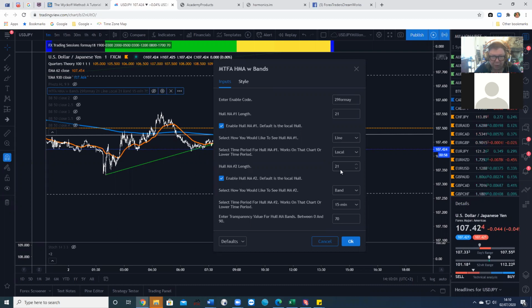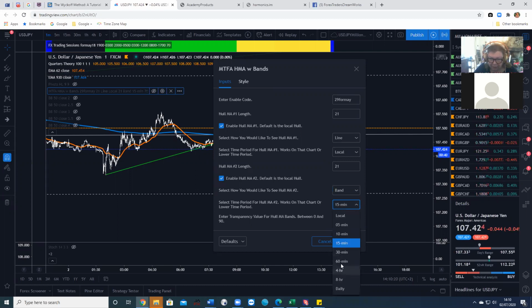Length 21 for the second one, which is the band on the background, which I'll show you in a minute. Tick that box and tick band instead of line. And then the time period, we keep this to 70 for the transparency. And then we've got it on the 15-minute.